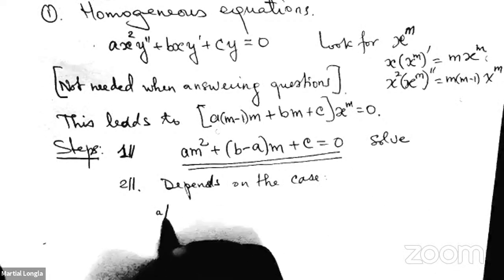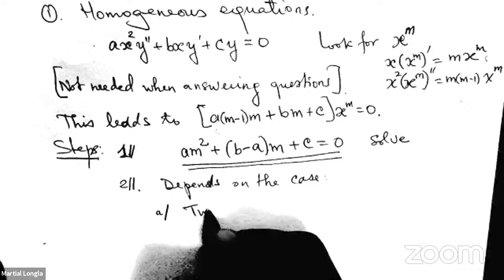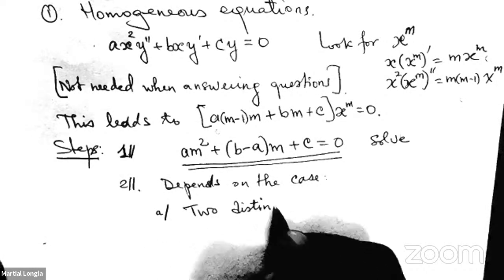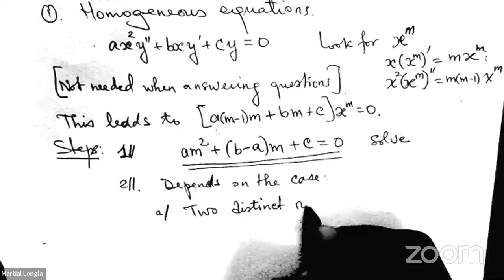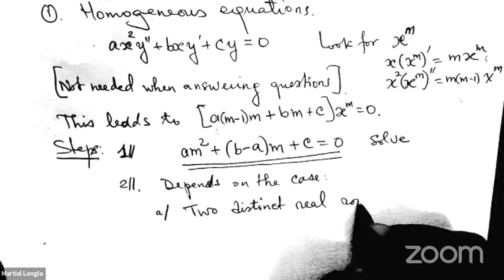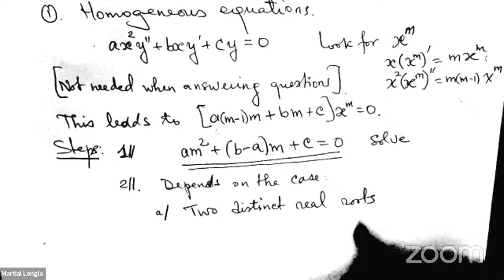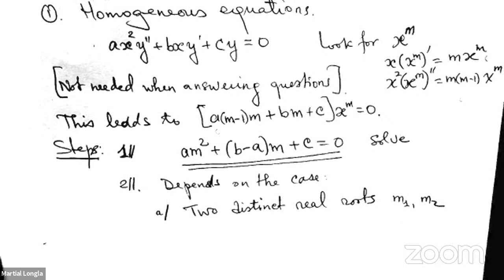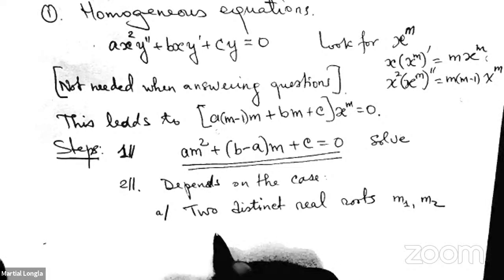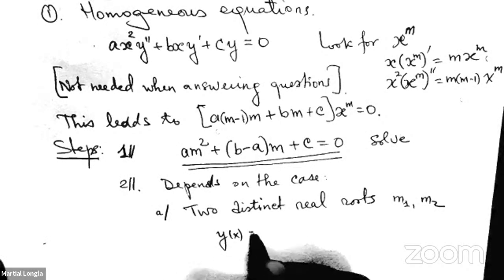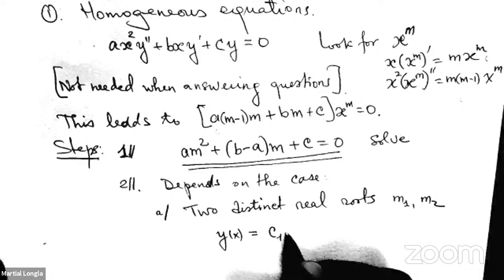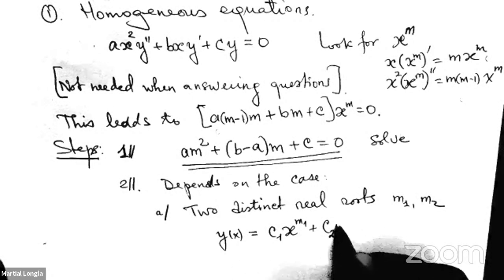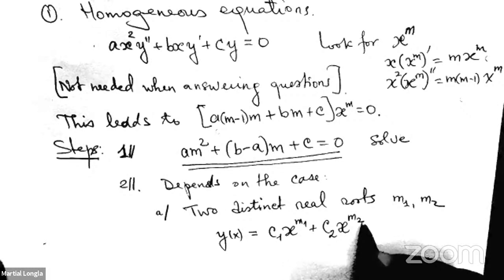Case 1, two distinct real roots. If you get two distinct real roots m1 and m2, then your final answer is y of x equals c1 x to the power m1 plus c2 x to the power m2.